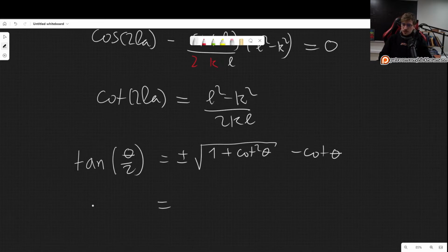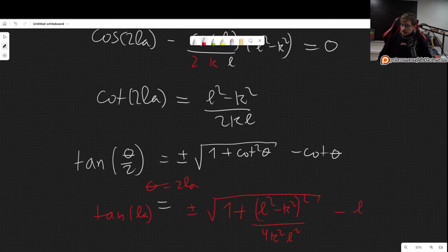This is very useful because if we now plug in theta equal to 2la, we get tangent of la equal to plus or minus the square root of 1 plus this thing squared, so l squared minus k squared divided by 2kl, all squared, which is l squared minus k squared over 4k squared l squared, and then minus l squared minus k squared divided by 2kl.